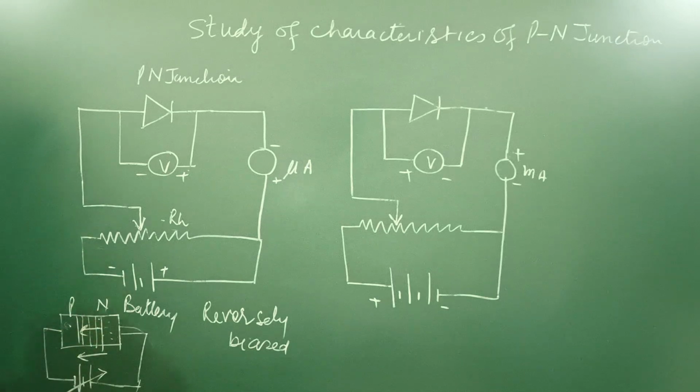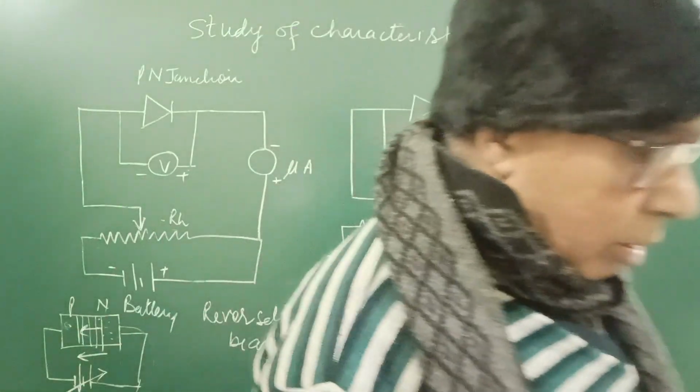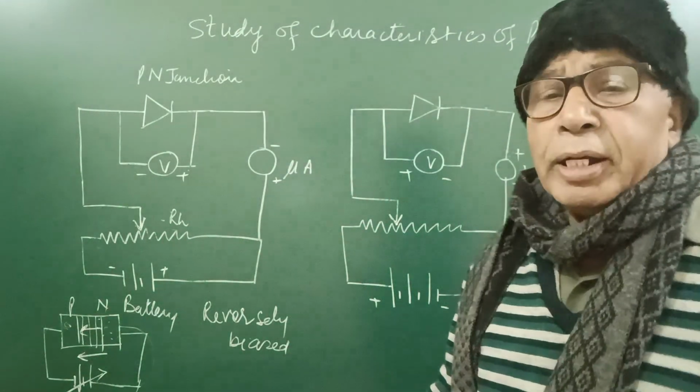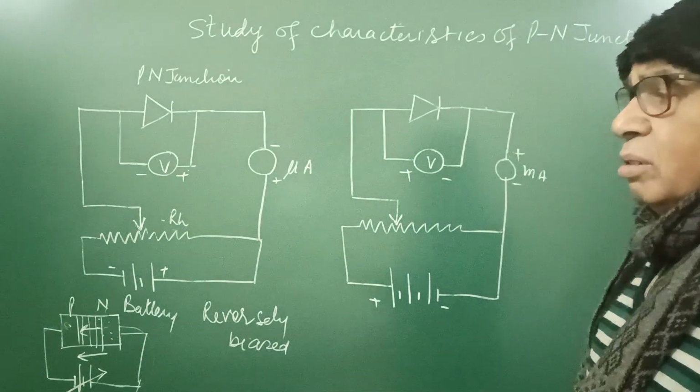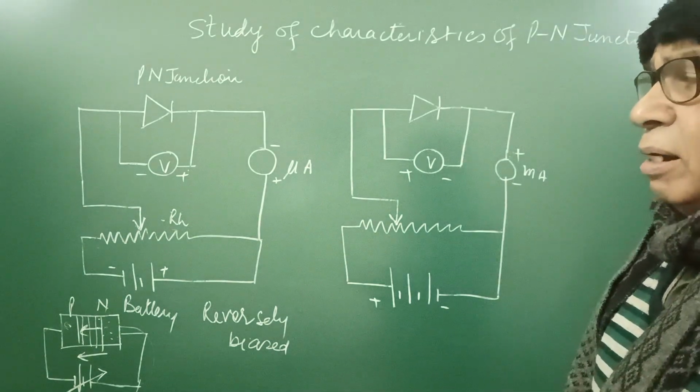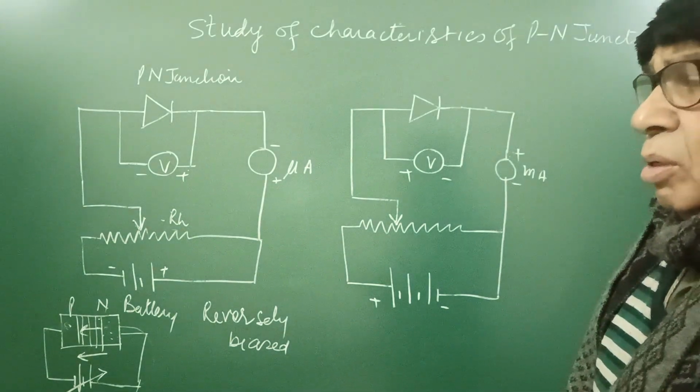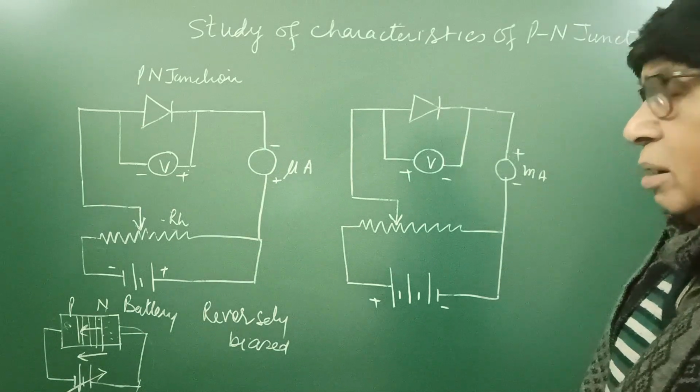The two get added, and when it exceeds a critical value, the material inside PN junction is ionized and large current flows. That is called electrical breakdown. When the material of depletion layer region in diode gets ionized, that is called electrical breakdown, and a large current flows.